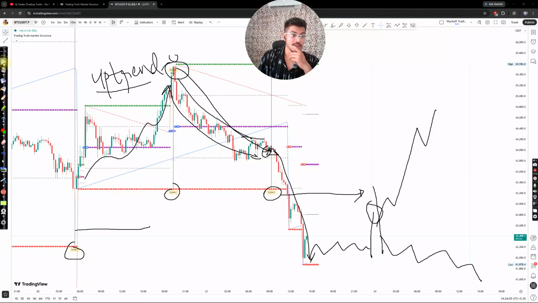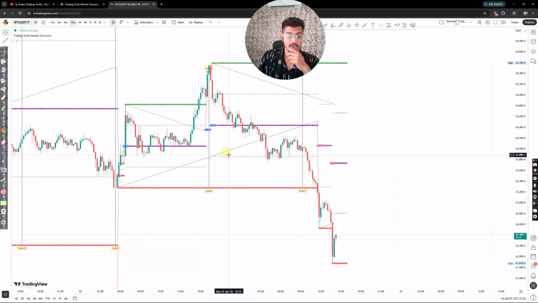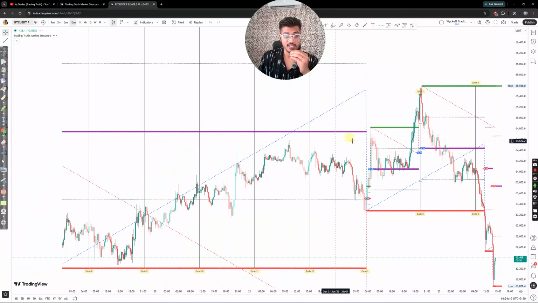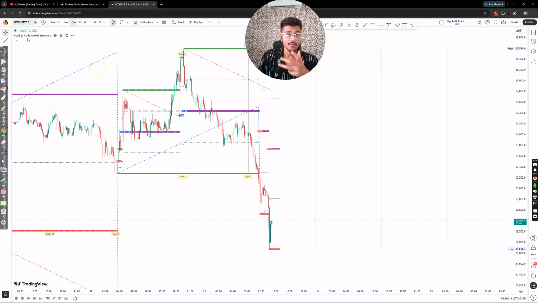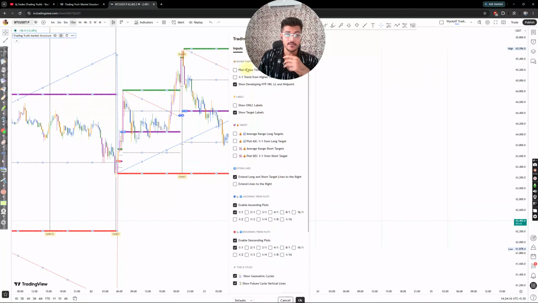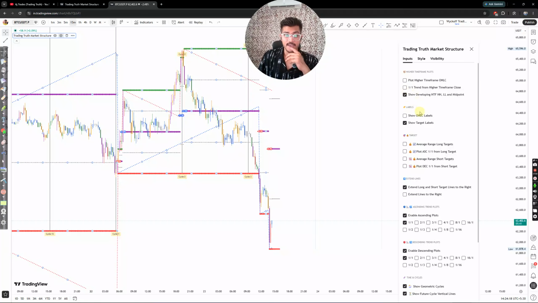So let me add this trend line here, and I'm applying it on the live market, so there's nothing to hide. You can also plot your higher time frame open, high, low, close.